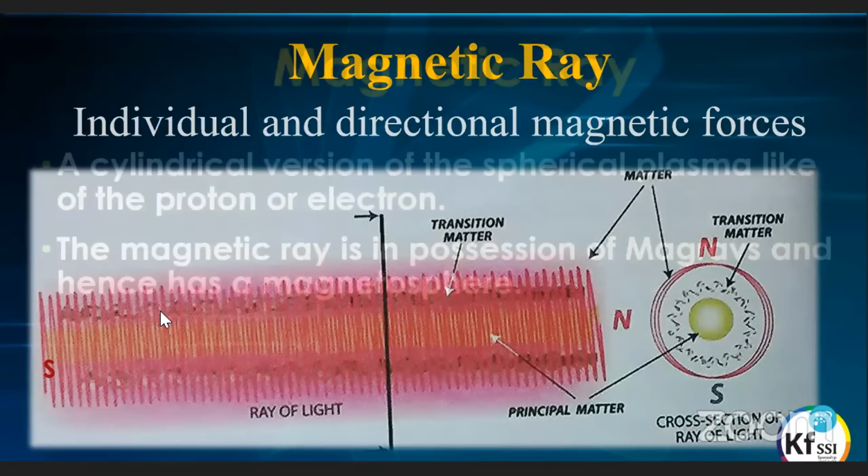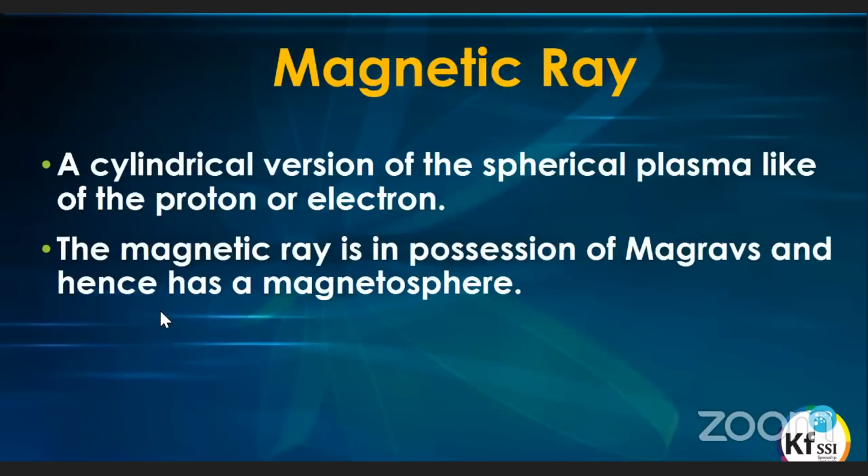So another way of explaining them is it's a cylindrical version of the spherical plasma, like the proton or an electron. And this magnetic ray is in possession of its own magnetic and gravitational fields, and hence has its own magnetosphere.